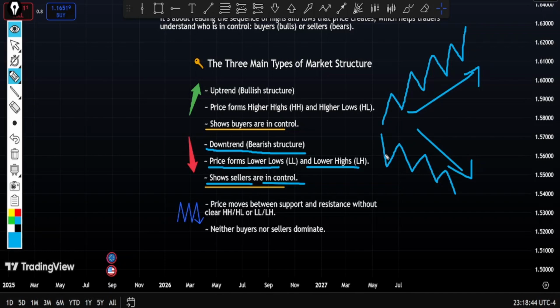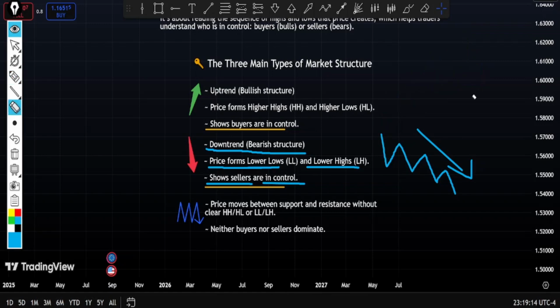Even if we have small pullbacks, this right here is known as a pullback. In the next video, I will teach you about supply and demand and order flow, so you understand how we get these pullbacks.